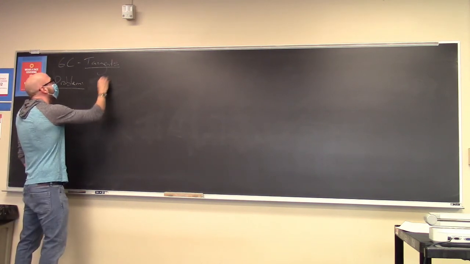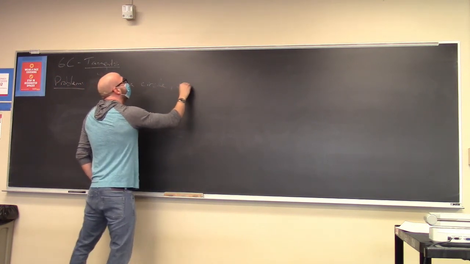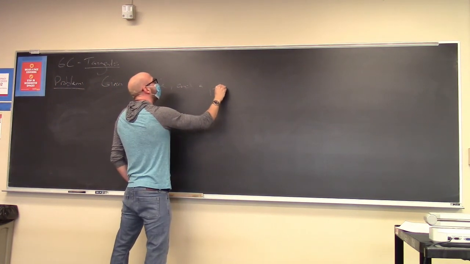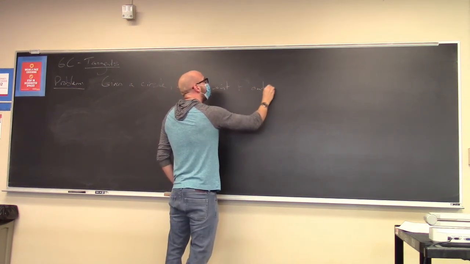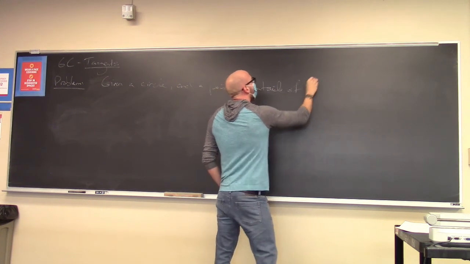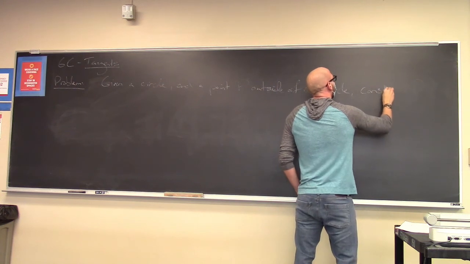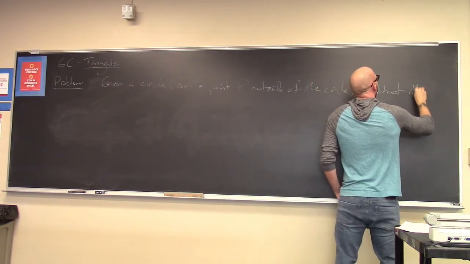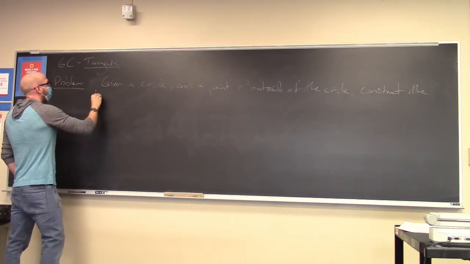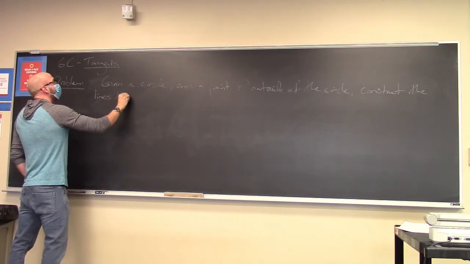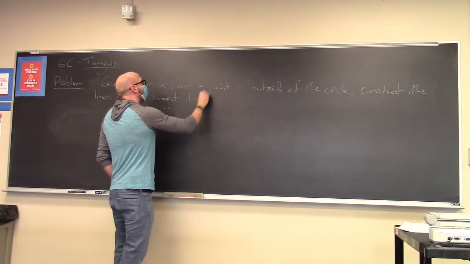So given a circle and a point P outside of the circle, construct the lines through P tangent to the circle.